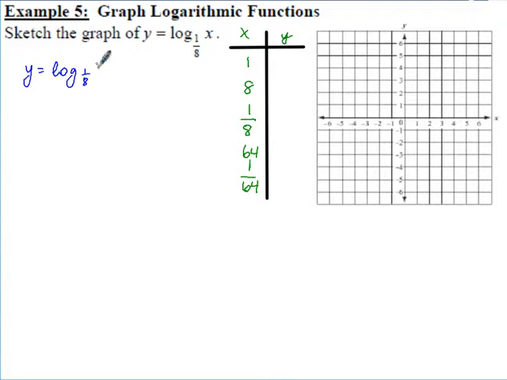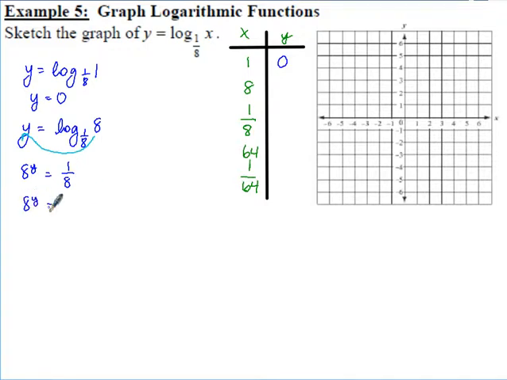So we're going to try y equals the log base 1/8 of 8. So this 8 comes over and bumps up your y. So you're going to get 1/8 to the y equals 8. Well, this 1/8 becomes an 8 to the negative 1. So y equals -1.